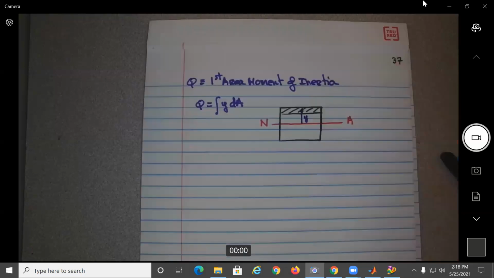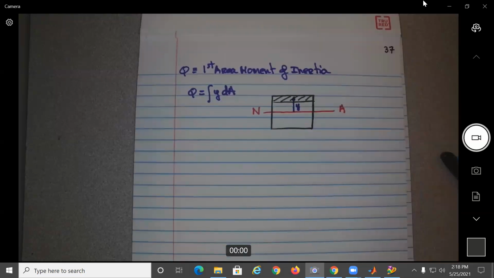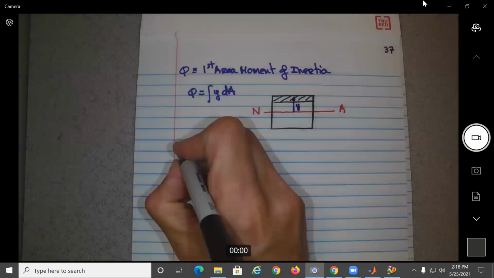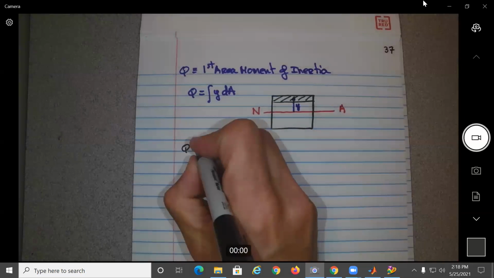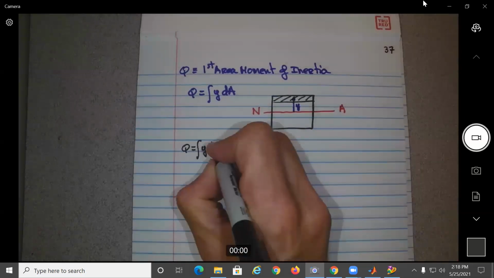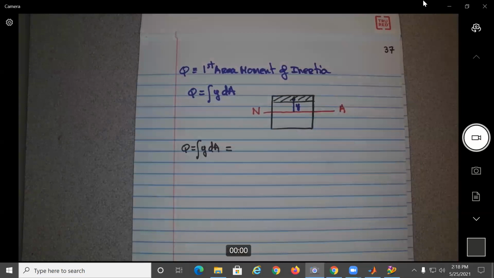Okay, so I'll give you the easy way to do it. So what is Q? Q equals the integral of Y dA, which will be equal to the area.